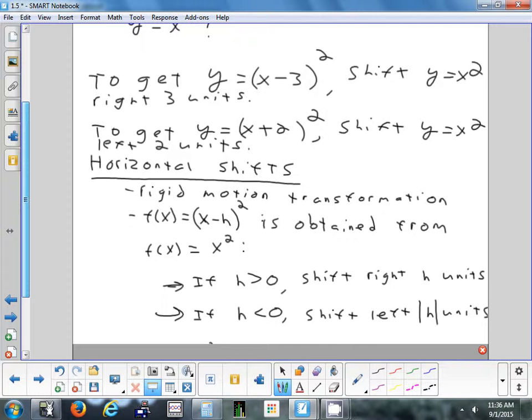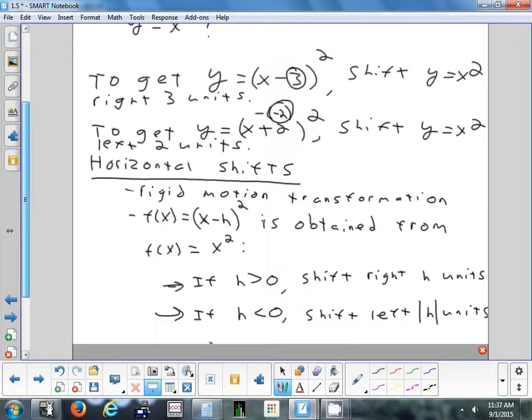The number after the minus sign here is a 3. If I ignore the minus sign, 3 is positive, it's going to shift right. Here I don't have a minus sign, but how could you think of +2 with a negative? You could think of it this way: x minus -2. Look at the number after the minus sign. It's negative. Negative goes left.